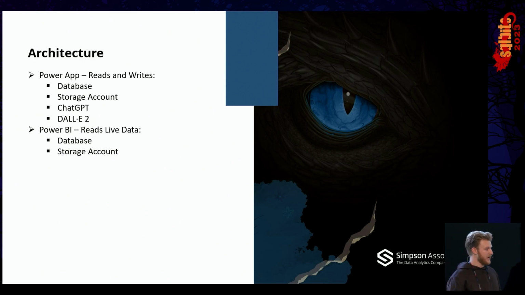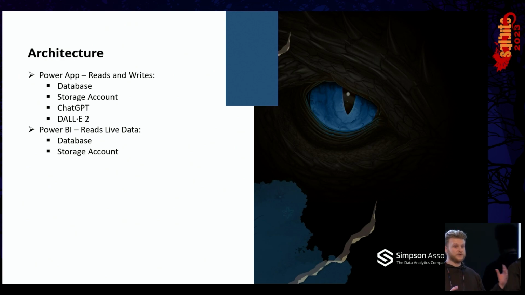When James pushes out to ChatGPT and pulls back that character backstory, that's going to be written into our database. When James goes out to DALL-E 2 and gets those character images, those are going to be written to the database as well as a live connection. Sorry, not to the database, into the storage account. So we've got on-the-fly images being written and data being written.